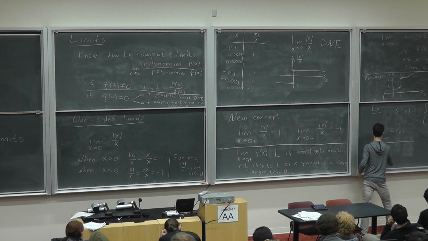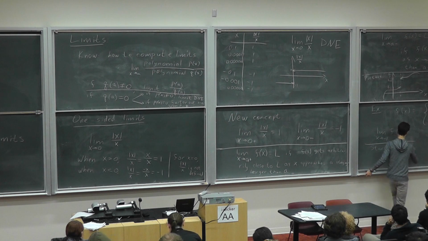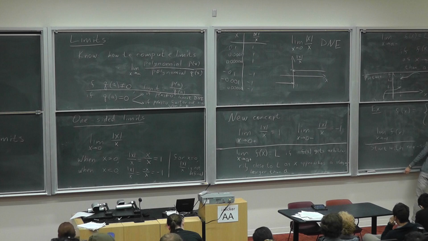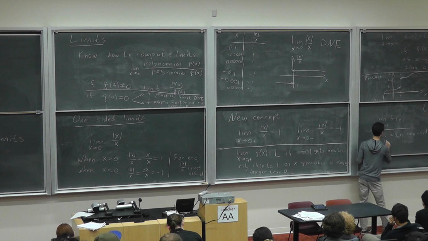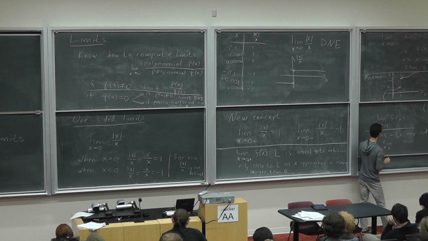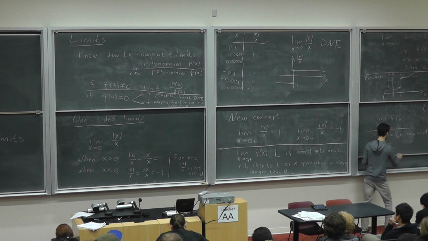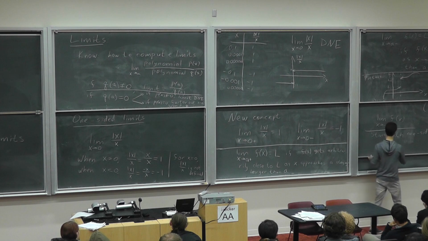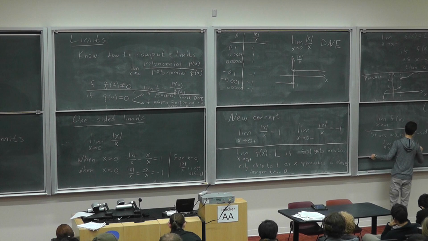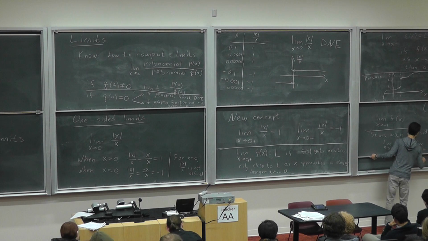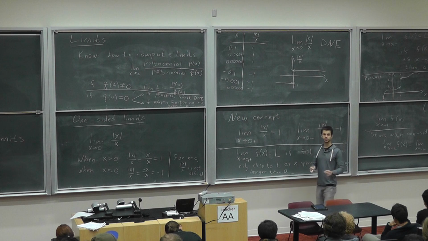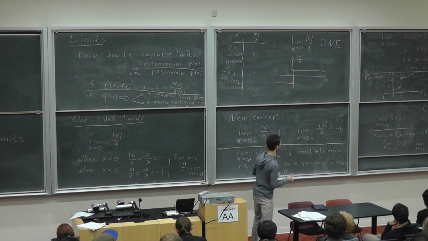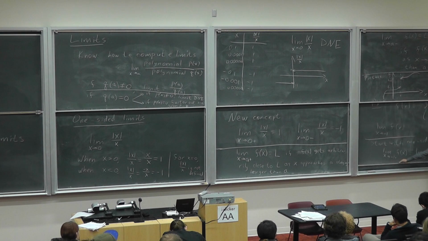So let's do it. Let's start with one-sided limits. I'll compute what happens to the function as x approaches -1, let's say from the right. I'll start with this one. When x is close to -1, but a little bit larger, the function is defined by which formula?